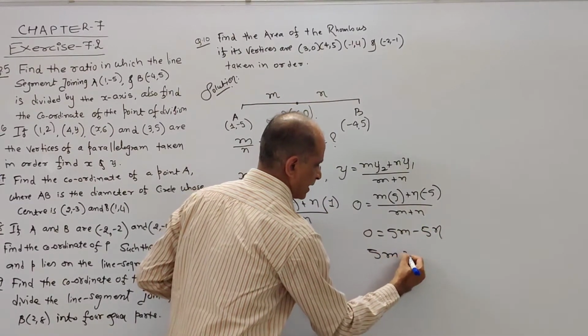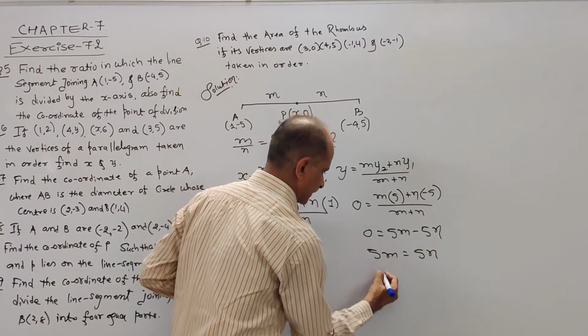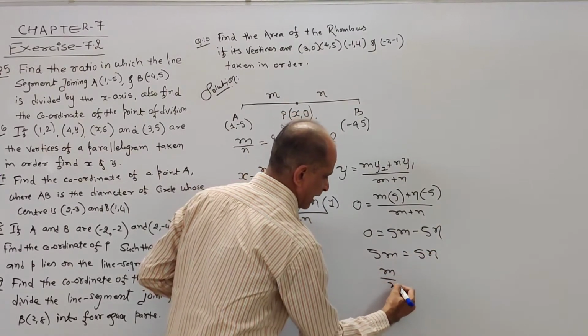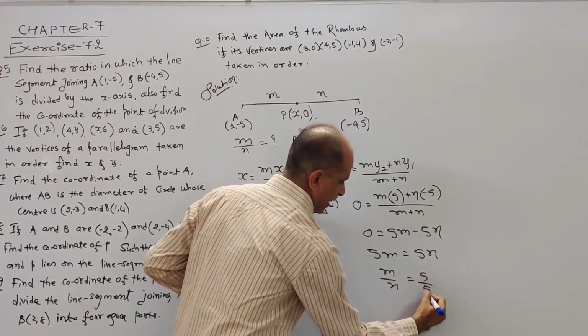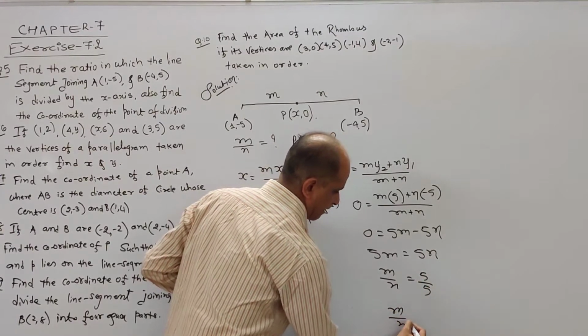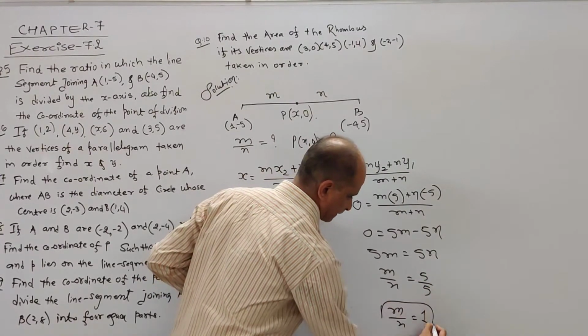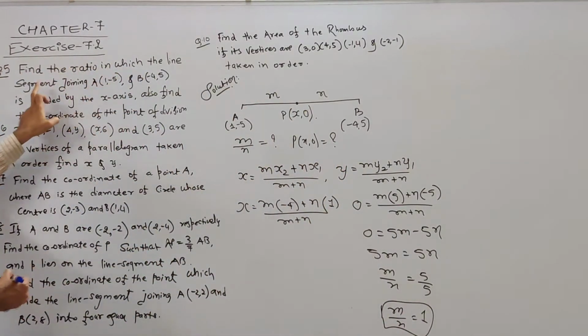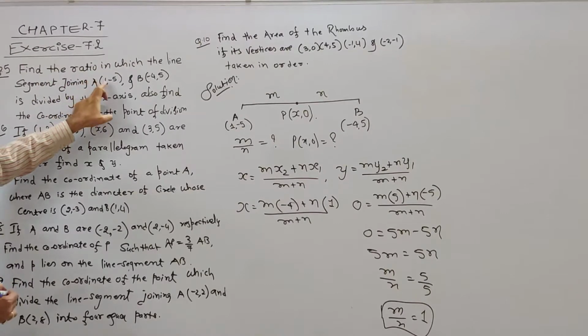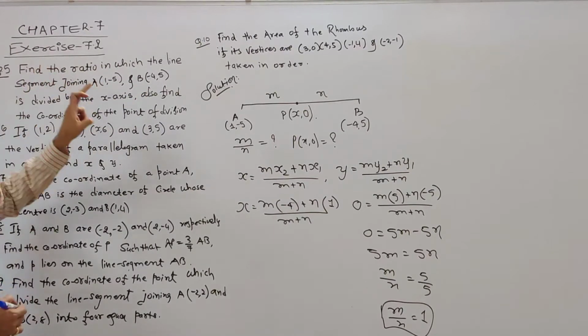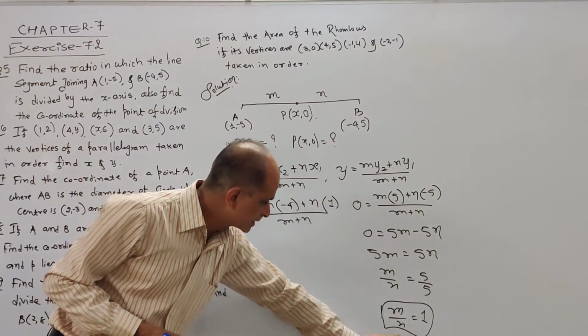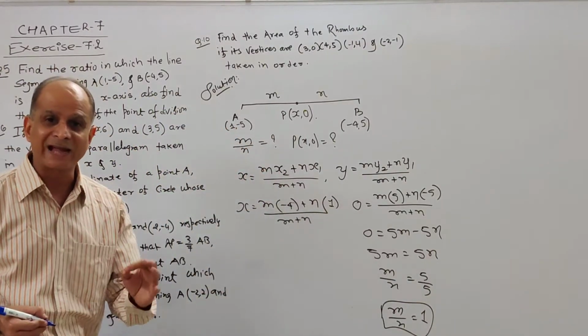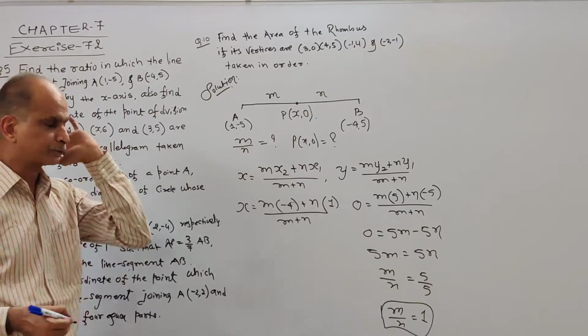Therefore, 5m is equal to 5n, m by n is equal to 5 by 5, so m by n is equal to 1. So the ratio in which the line segment joining these two points is divided by the x-axis is 1 by 1, meaning m is 1 and n is also 1.